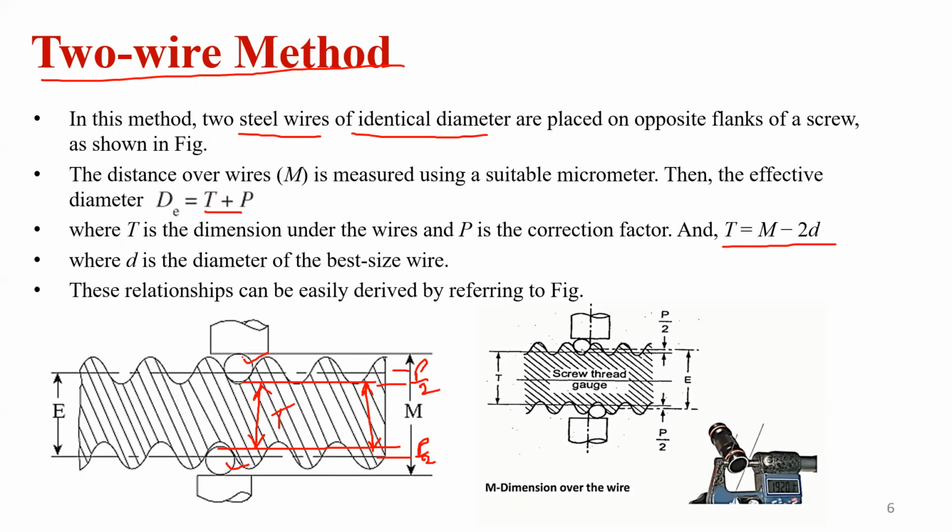Okay, so the maximum diameter over the wires is M minus the diameter of this wire and the diameter of this wire. So T is equal to M minus 2d.